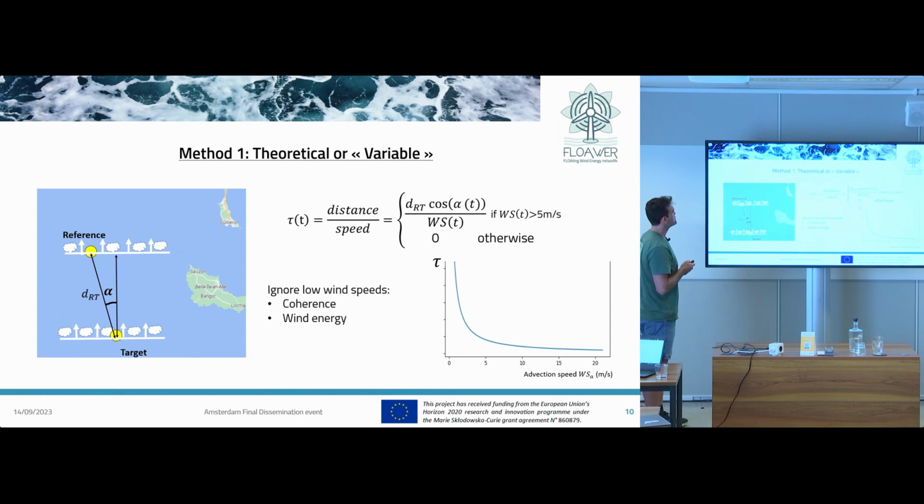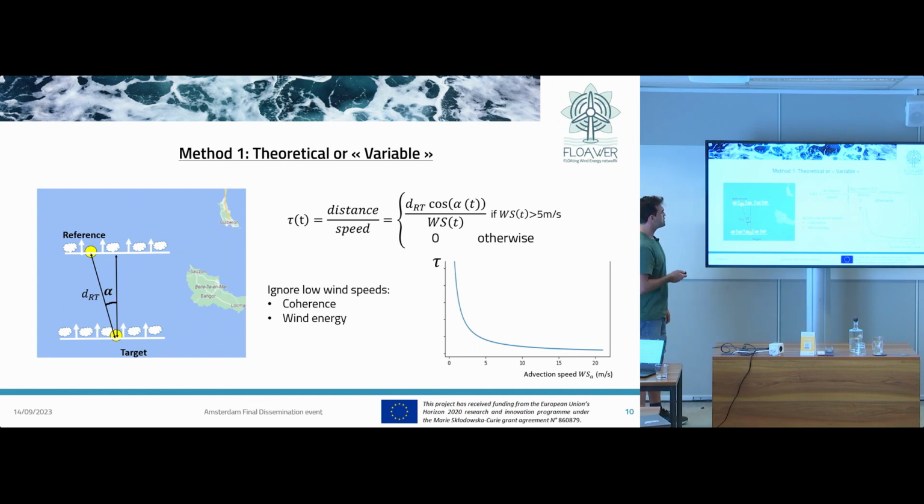I'm still on the first method. I'm keeping this equation to estimate the time lag, but I'm not using it for low speed, for two reasons. First, I think that the coherence of the wind structures and the eddies is not high enough at low wind speed to say that they will be in the same state while traveling.